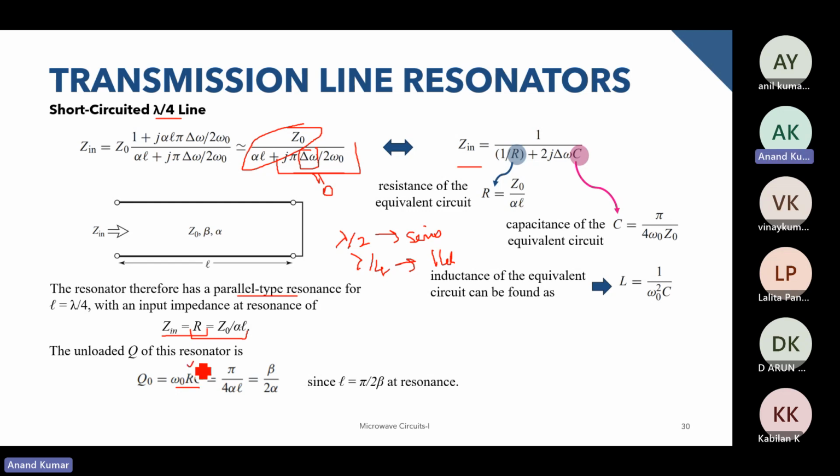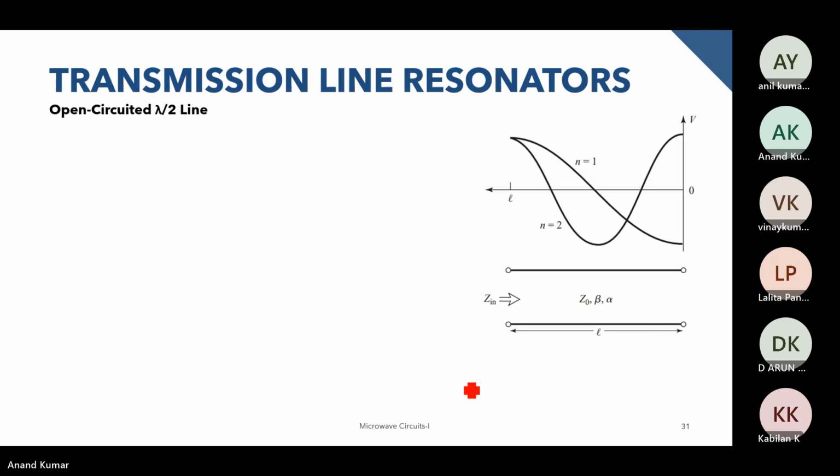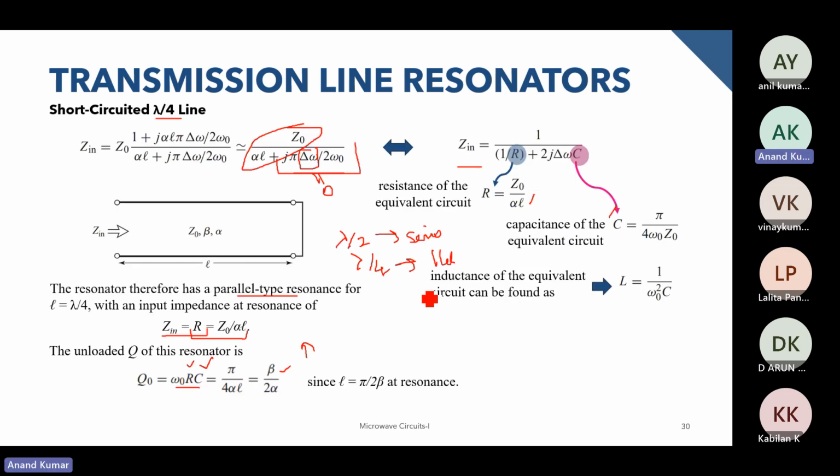If you substitute the values of R and C from here, we find that this quality factor is again equal to beta by 2 alpha L, which is similar to what we saw in the previous case, for lambda by 2 as well.